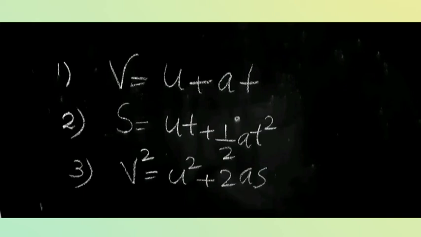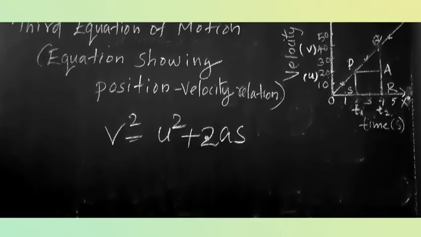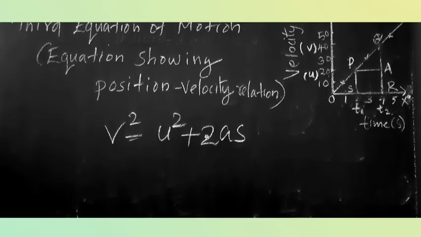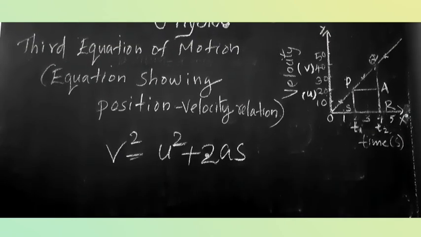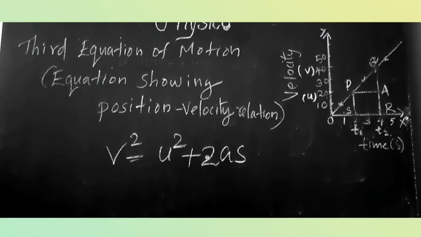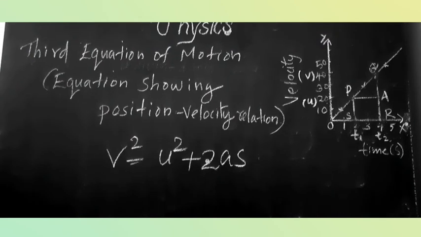Now let us derive the third equation of motion, that is v square is equal to u square plus 2as, from this graph. This equation shows the position velocity relation. From the given graph, the displacement is equal to the area of the trapezium PQRS.